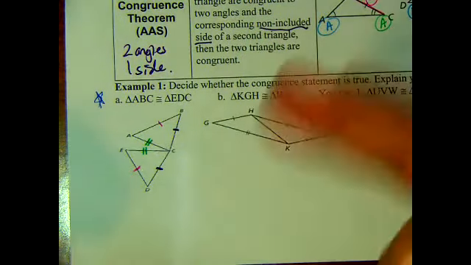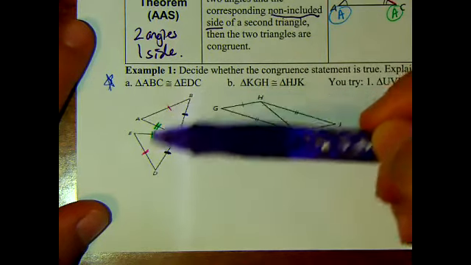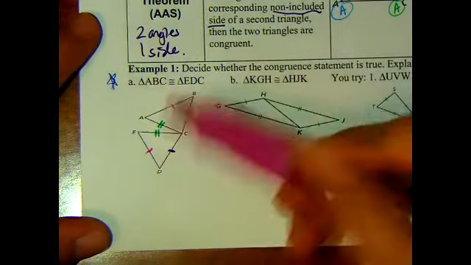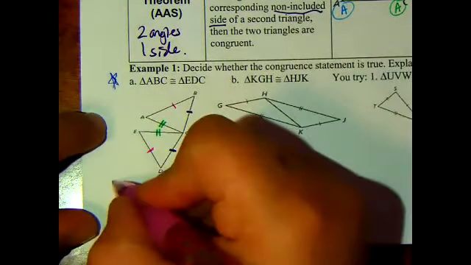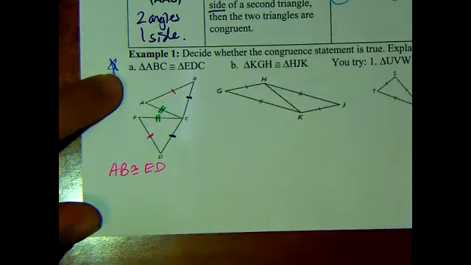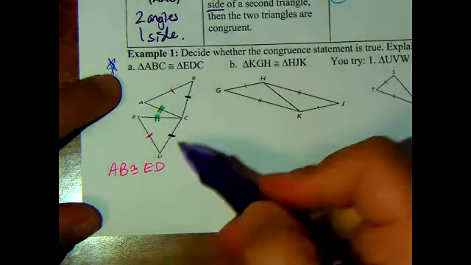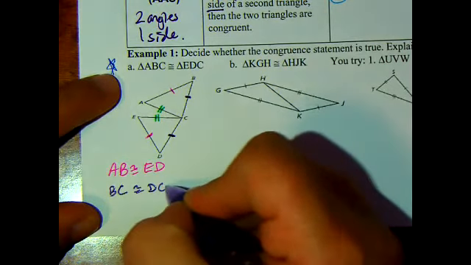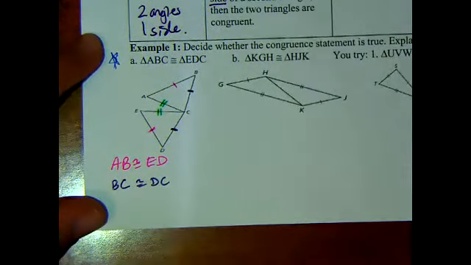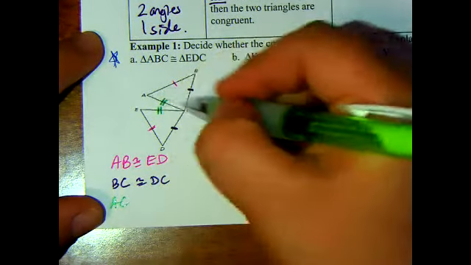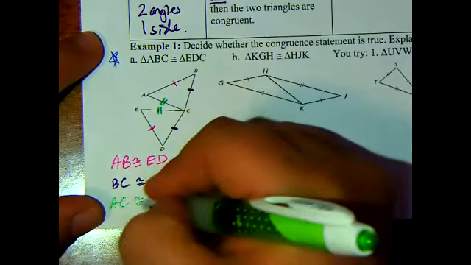So take a look at this. I have congruent pairs of sides. Side AB is congruent to side ED. I see here that side BC is congruent to side DC. It's given to me with the tick marks. And then I see that side AC here is congruent to side EC.